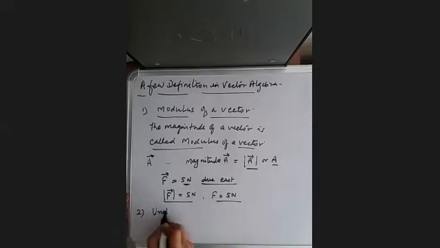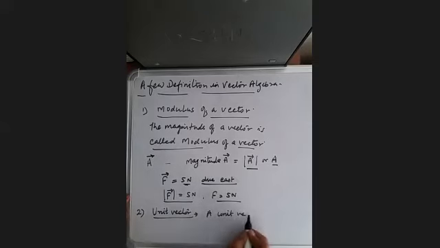Now, unit vector. A unit vector of any given vector is a vector. So a unit vector is again a vector of any given vector, of unit magnitude.